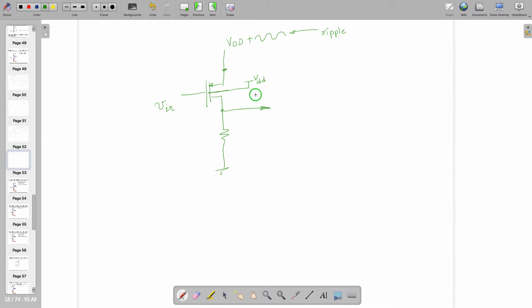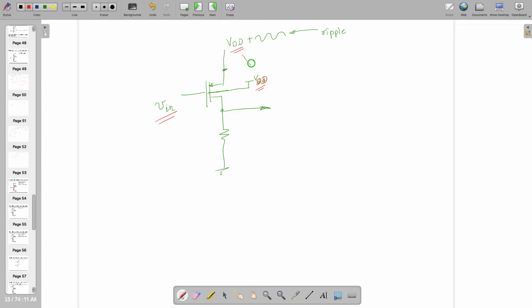It has some difference. So in that case, how many input sources are you seeing? Four. Okay. Where are those? One is Vin. Another one is, look, these two VDD are the same.